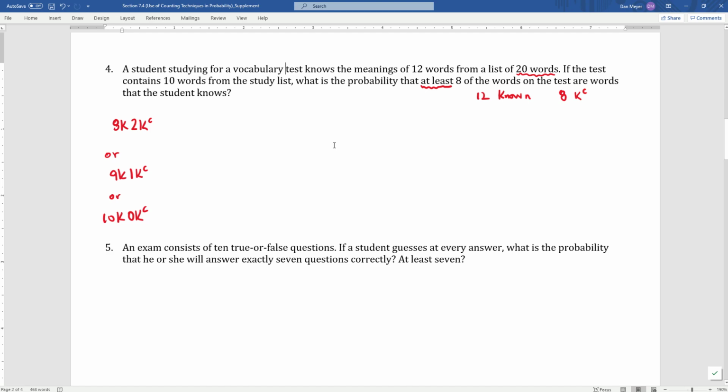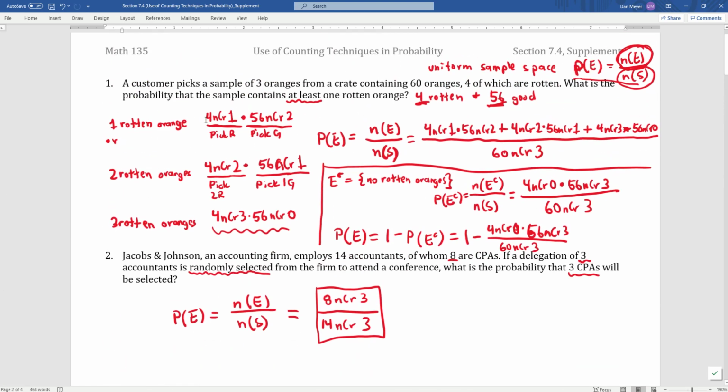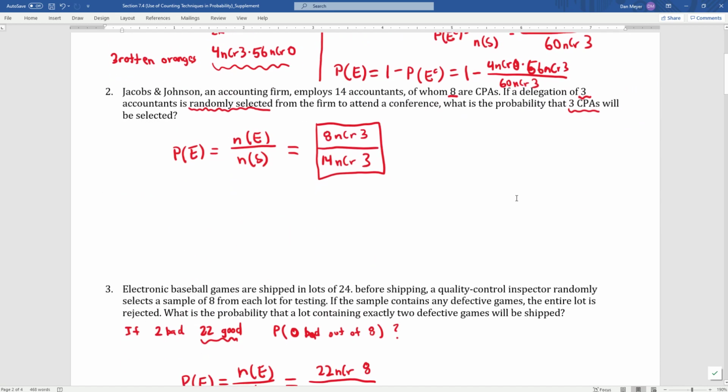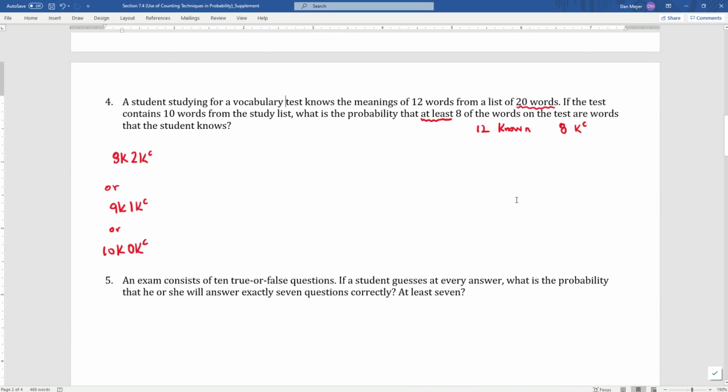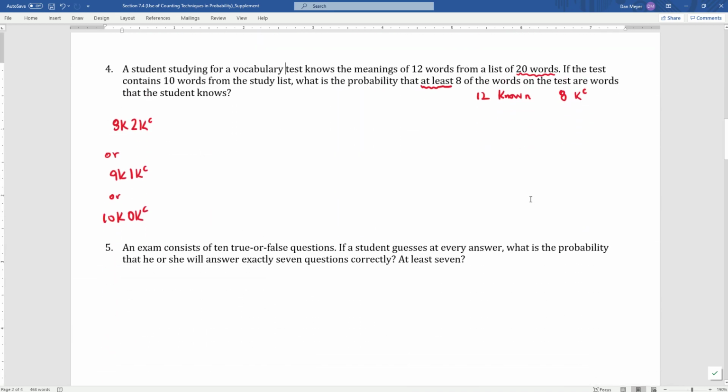Now, on the first problem that we did, we spent a lot of time chasing these partitions, and then we said, hey, wait a minute, that complement was really easy. And so let's think about the complement here first. Maybe we can see straight up that our complement is easier. Our event itself has 3 cases. Our complement would be fewer than 8 words.